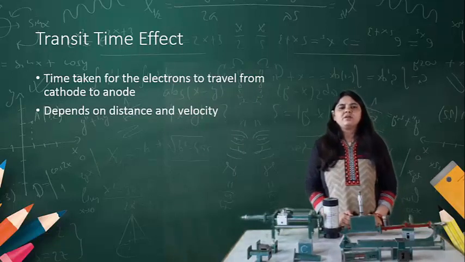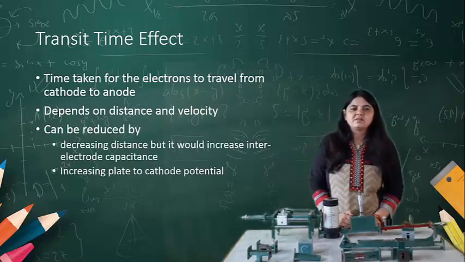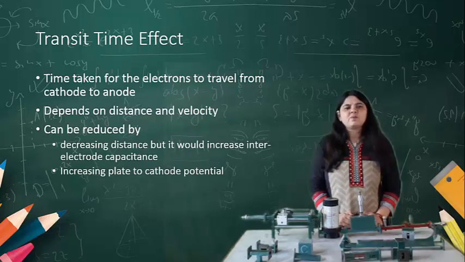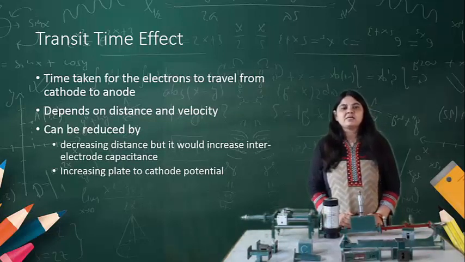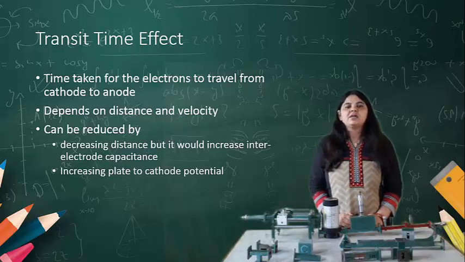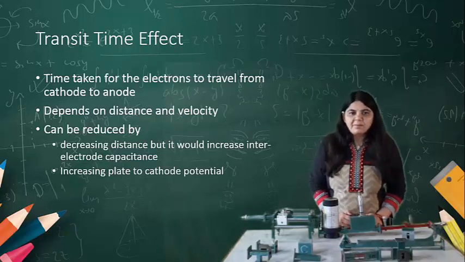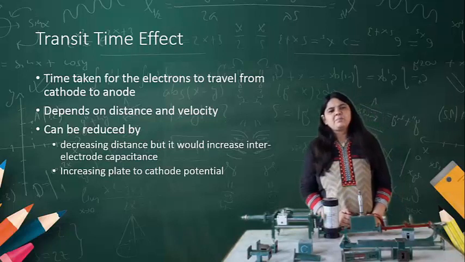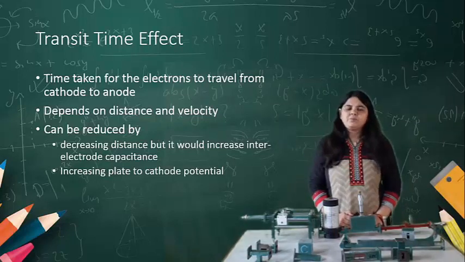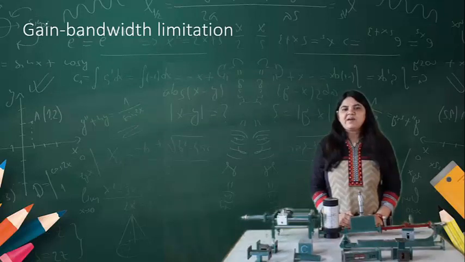Depending on the distance and the velocity, it can be reduced by decreasing the distance, but that would increase the inter-electrode capacitance, so the plate to cathode potential is increased. So this is about the transit time effect.